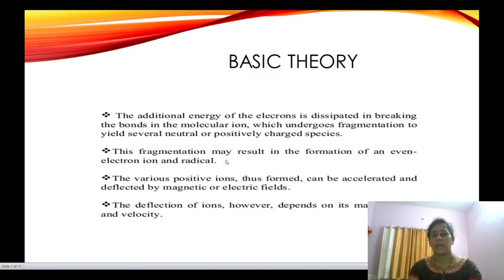Here, the fragmentation may result in the formation of even electron ions and radicals. Thus, various positive ions are formed that can be accelerated and deflected by magnetic or electric fields. The deflection of ions, however, depends upon its mass to charge ratio along with the velocity.